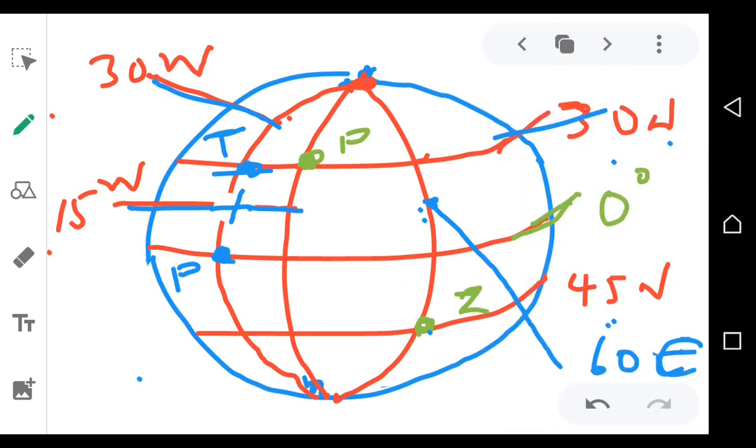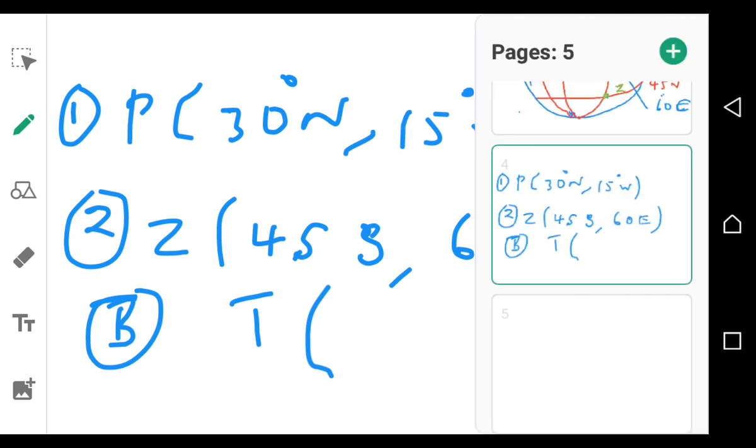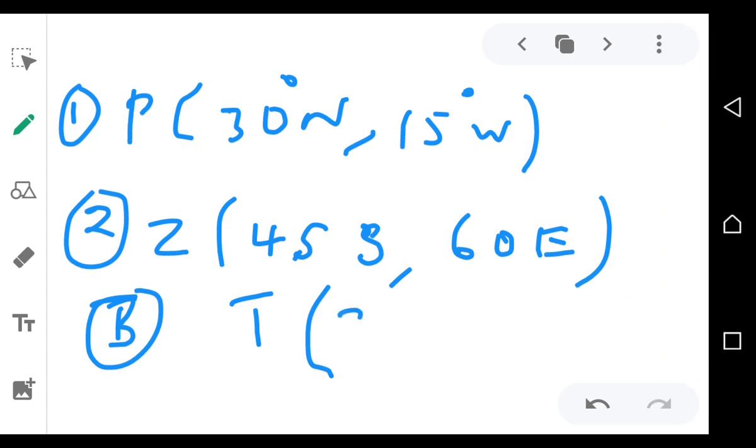What is remaining now is T. T is here. Question 3, we're looking for the position of T. First we go x-axis. T is lying on 30 degrees north.